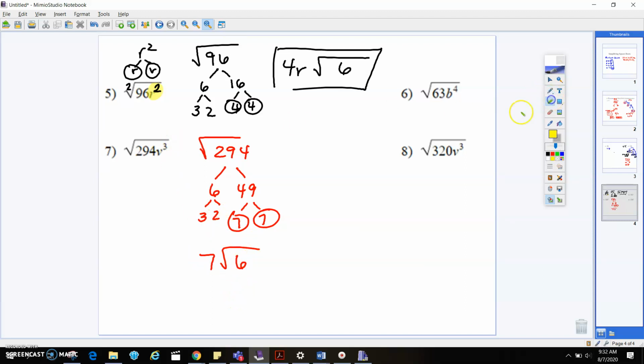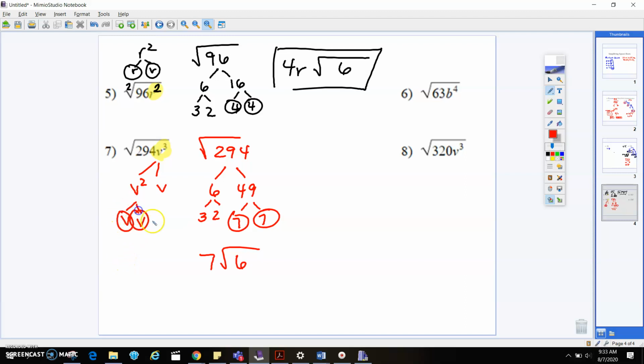Now, let's talk about those variables. We've got v to the third power. Okay, so since we have v to the third power, if I was going to put out a factor tree, I would get v squared and v, right? And if I broke that down, I would get v and v. Well, now I've got pairs.